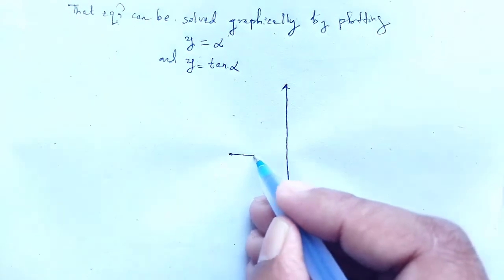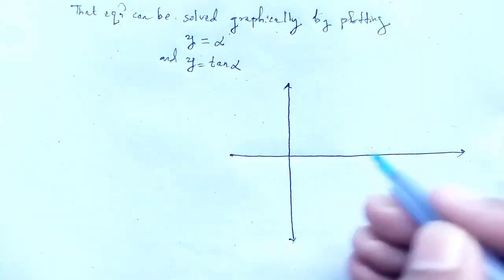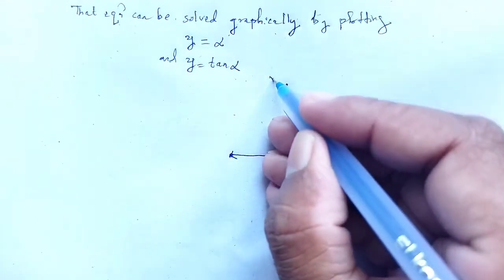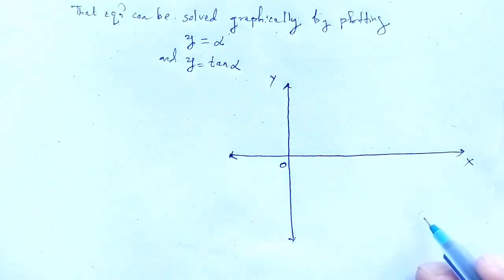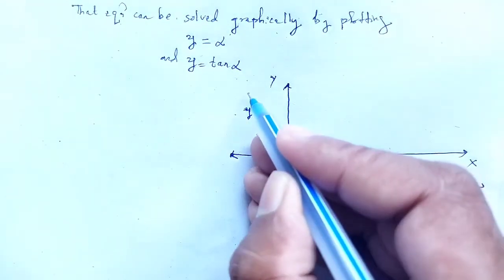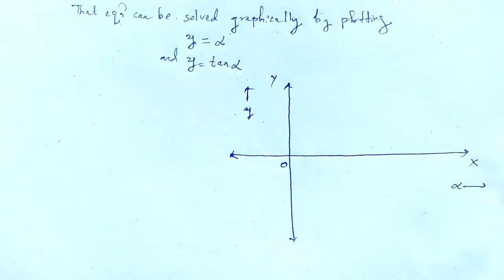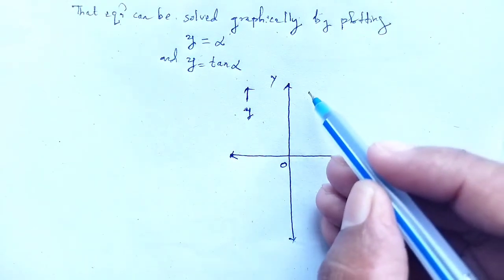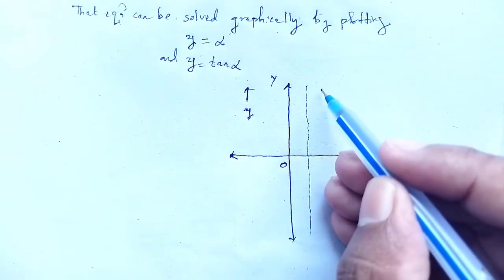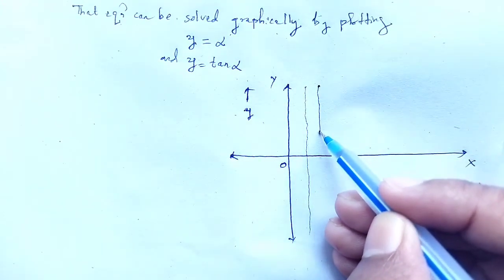Just considering the positive halves. O x y. Here the values of alpha, here the values of y. To do tan alpha, let us draw the lines.